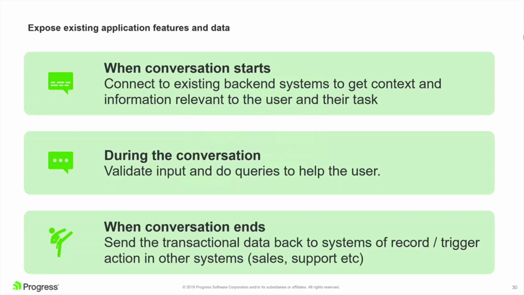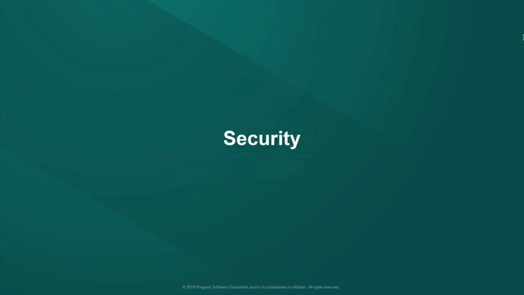And third, when the conversation ends, to complete a transaction or trigger action in other systems. Native Chat specifically integrates with enterprise and legacy systems easily with REST connectors. This feature enables you to quickly connect to Native Chatbot with systems like Salesforce, SharePoint, Calendly, or any other system that provides a REST API.